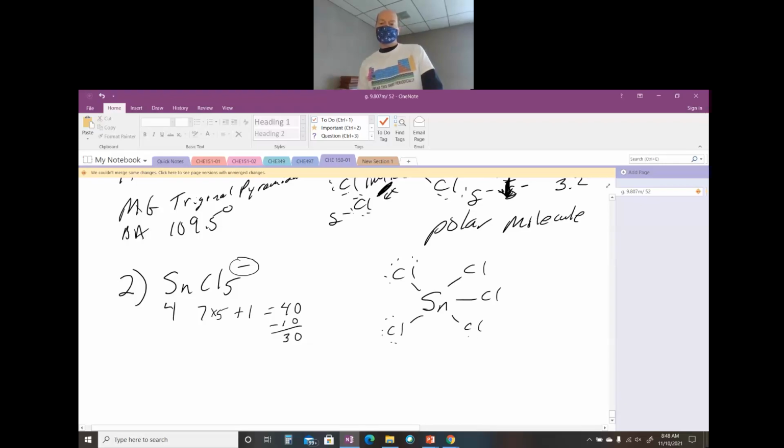Note that tin can have more than 8 electrons, and it has 5 bonds and it has 10 electrons, but that is fine. If you had carbon here, this would be a violation of the octet rule. Carbon cannot have 5 bonds. Carbon has a maximum of 4 bonds, octet.